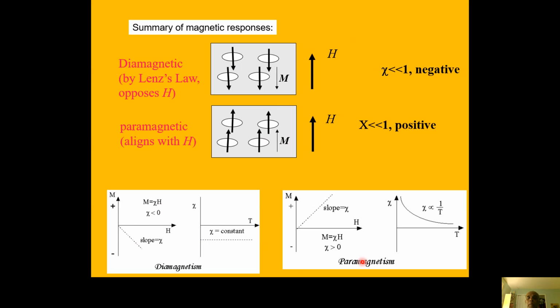But for paramagnetism, if I look at my field dependence, we know it is a positive chi, so you have this kind of behavior. Then if you look at the Curie paramagnetic behavior, that shows the T dependence of chi is C over T, right? So C depends on your total angular momentum and everything. So that's basically the summary of this.